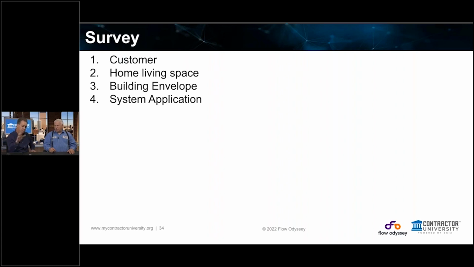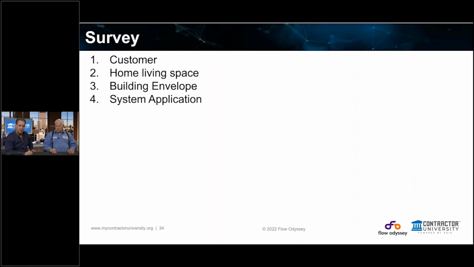You can ask the customer, hey, do you have a set of the blueprints from when the house was built, and what have you done to enhance the house as far as insulation, windows, doors, skylights, additions, maybe finished a basement, finished an attic, finished a garage, turned that into a man cave, and find out what it is that they've done to enhance the space. You'll see that is listed in the questions as well. A lot of times I can go peek behind a cabinet or ask them if they've ever happened to have a wall open and noticed how much insulation is in the wall.